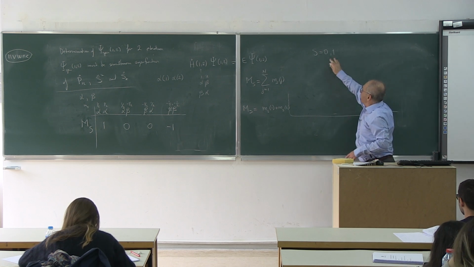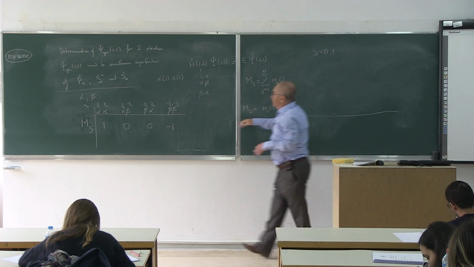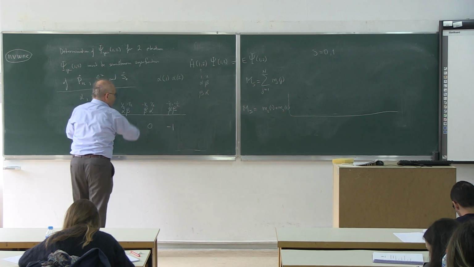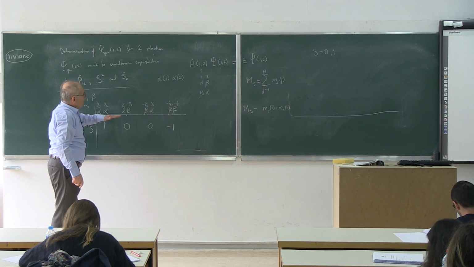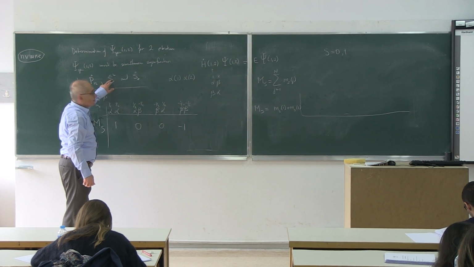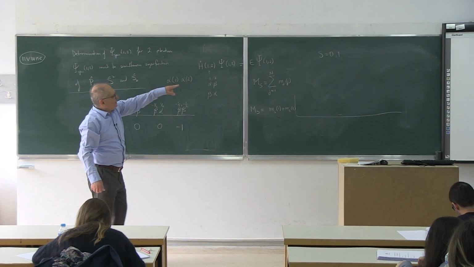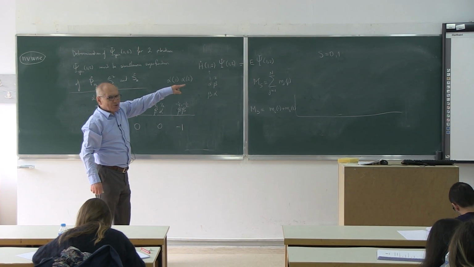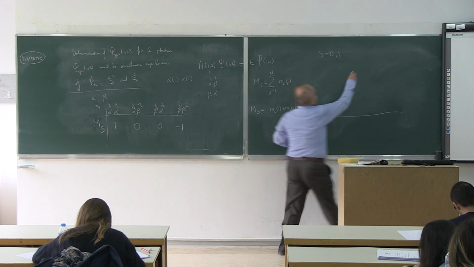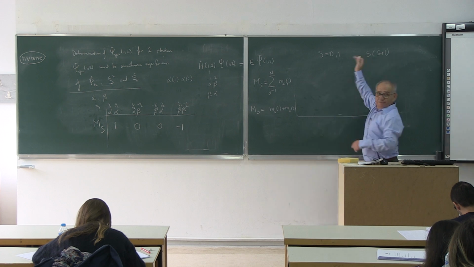Okay, now we have just 4 functions, 4 spin products here. Somehow these functions must also be eigenfunctions of S square with eigenvalue. I say eigenvalue S either 0 or 1, but with respect to S square, the eigenvalue actually is S times S plus 1 here.